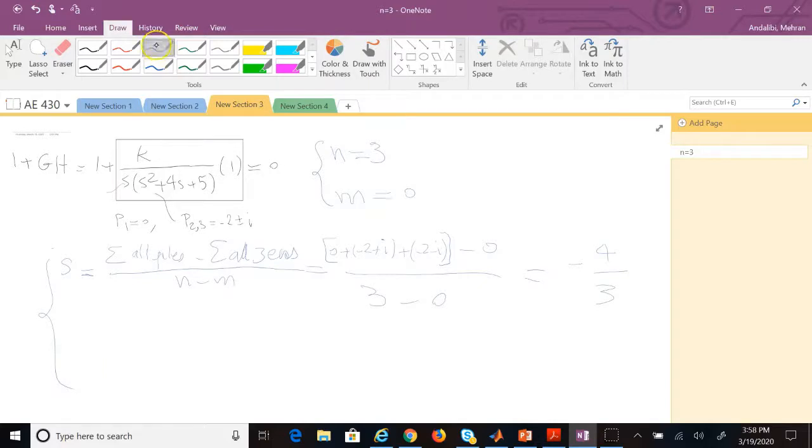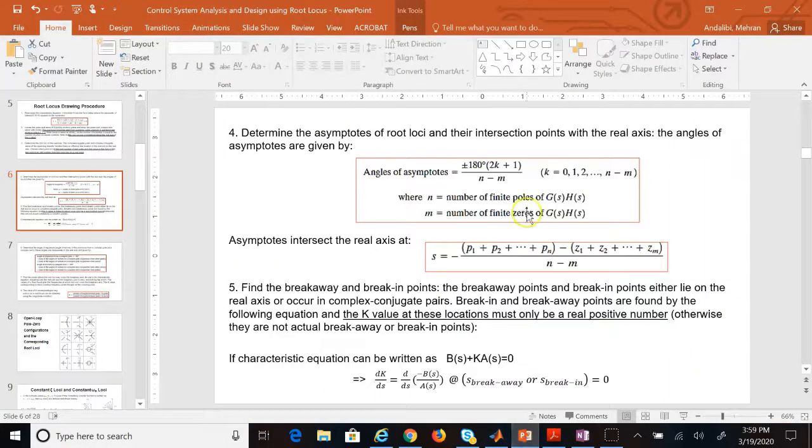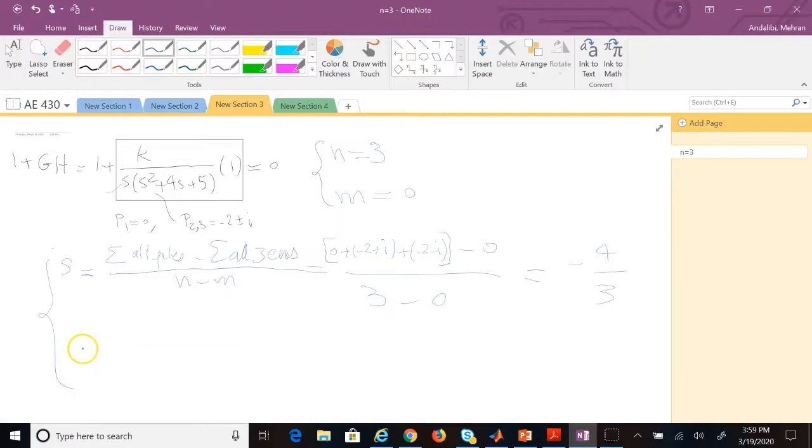And what is the angle of these asymptotes? Again, if you go back, it says plus minus 180 times 2k plus 1 divided by n minus m. So plus and minus 180 times 2k plus 1 divided by 3 minus 0.